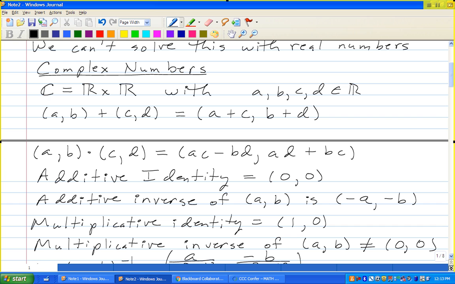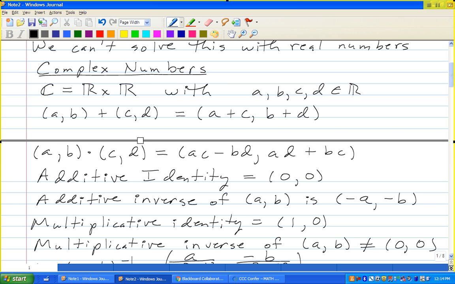Oh, here it is. So notice we multiplied each of the first, and that was the first part of it. That was the real part. But then we multiplied the imaginary parts, and when we did that, we put a minus sign, because the i squared was negative 1. And then we multiplied the real and imaginary parts and added them together, and that gave us the imaginary part of the product.